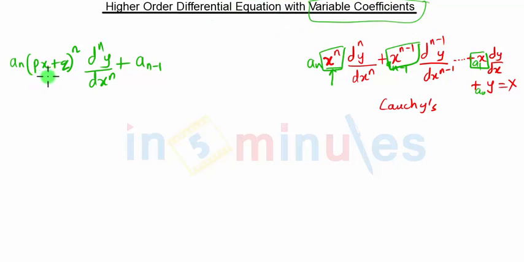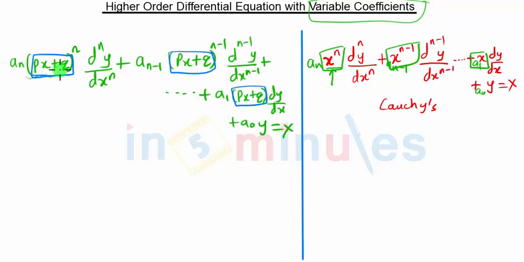Here also in front of derivative we have a term of x, but it is px plus q type. So this type of equation, where we have px plus q as a coefficient of derivative terms, is known as Legendre's linear equation.